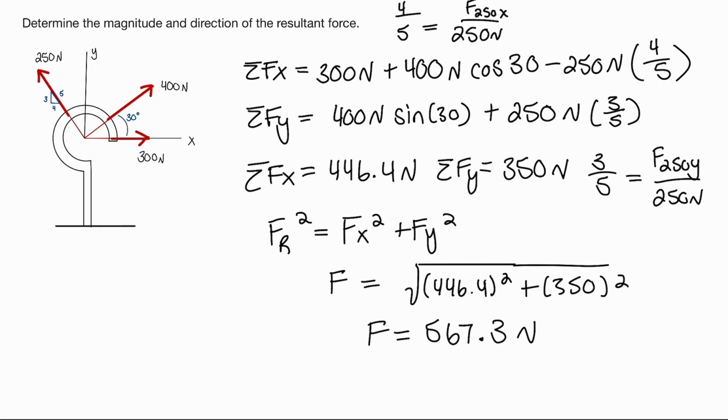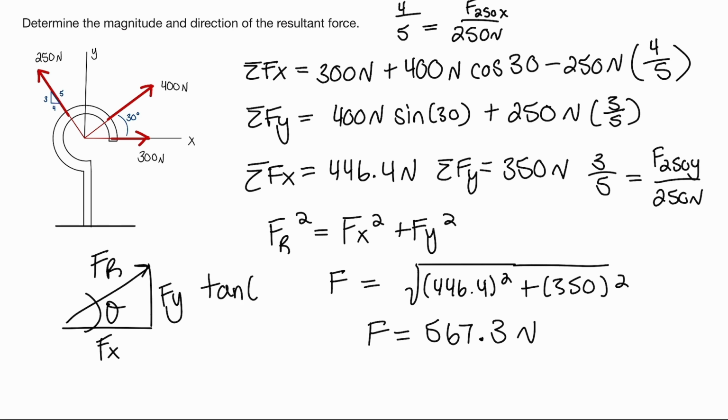So we already have the x and y components of the resultant force. So to visualize this, we have Fx, Fy, and this is the resultant force. So we can find this angle here. So this is just trig, so we'll have tangent theta equals Fy over Fx.